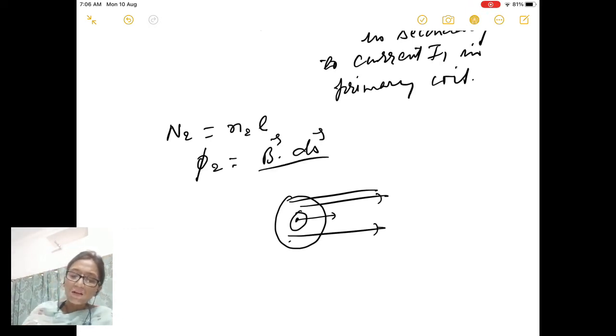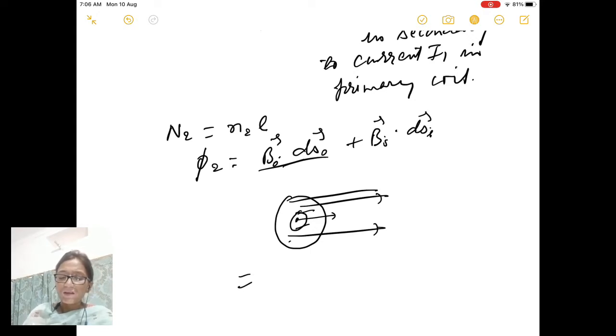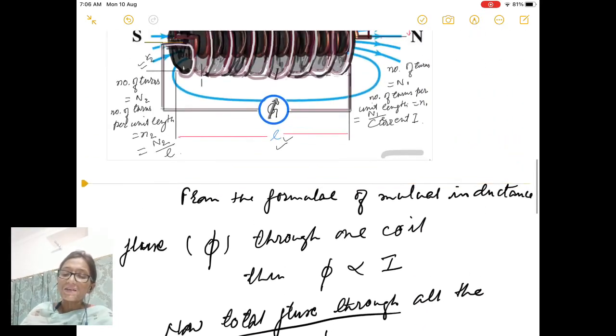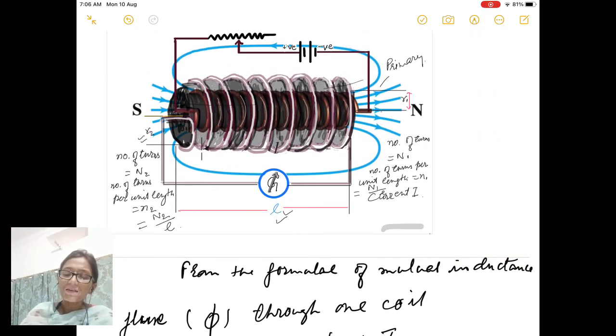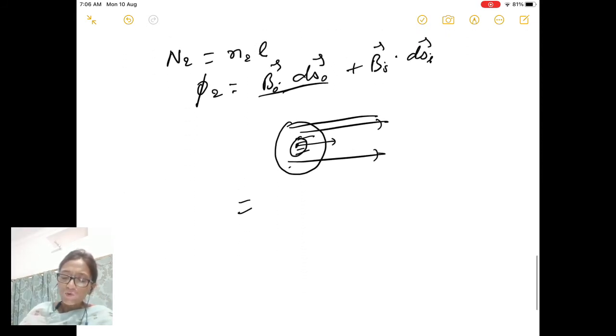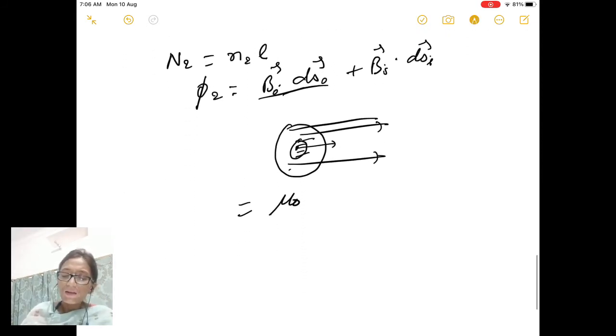So this is actually B outside dot ds outside plus B inside the inner solenoid dot ds inner solenoid. The magnetic field inside the inner solenoid is due to current in the inner solenoid, and that is equal to mu naught N1 into I1, the current flowing through the primary. This is your magnetic field.